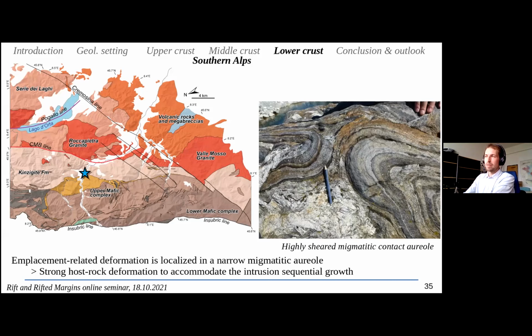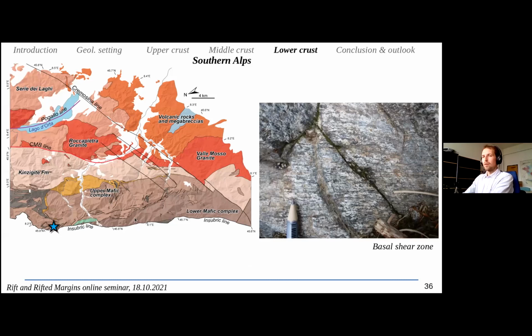And this highly sheared migmatite is a narrow zone of strong host rock deformation, as we can see here with antithetic faults, indicating that we have host rock deformation, but it's, again, quite geographically restricted. We have also deformation at the base of the intrusion, whose relation with the emplacements is quite unclear.